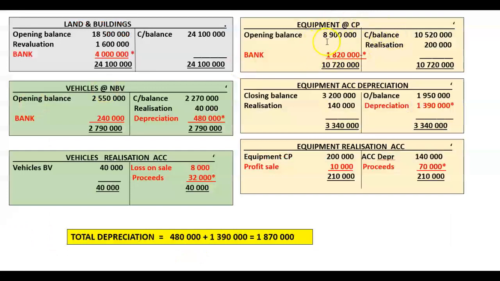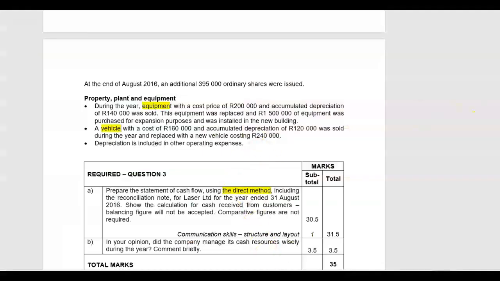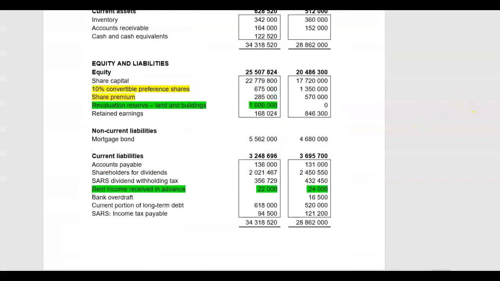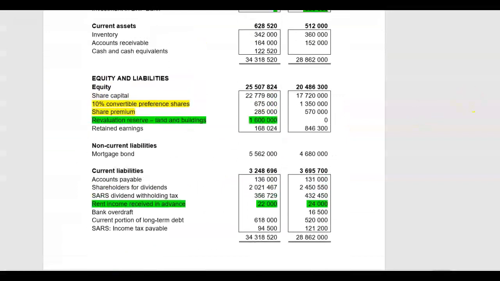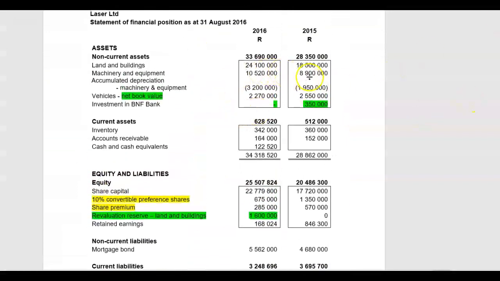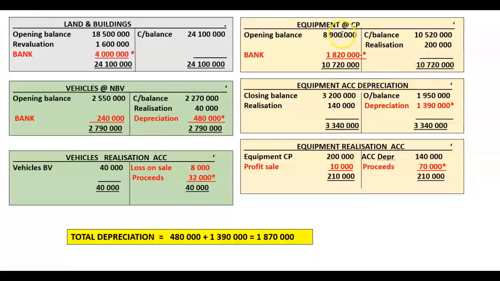Let's do equipment next. Go back, you look at the opening balance and closing balance. They gave it to you here in the statement of financial position. In the cost price, 8.9 million opening balance, closing balance 10.5 million. Accumulated depreciation, opening balance 1950, closing balance 3.2.